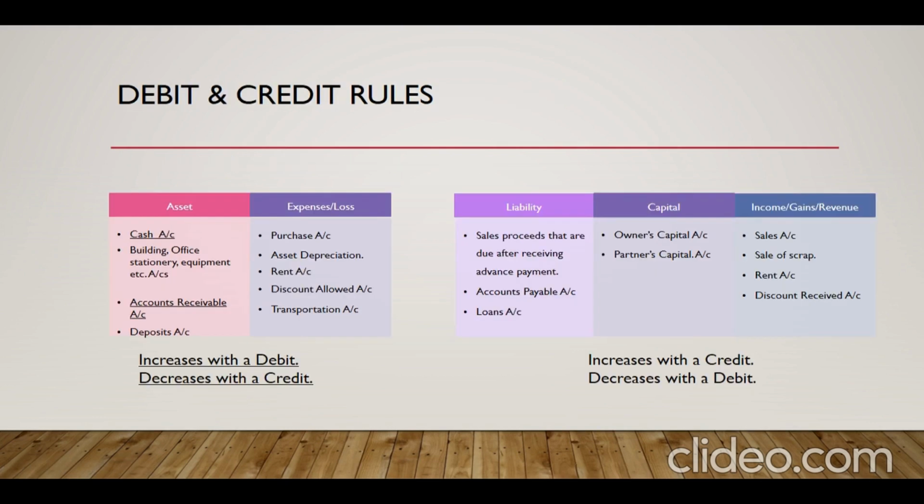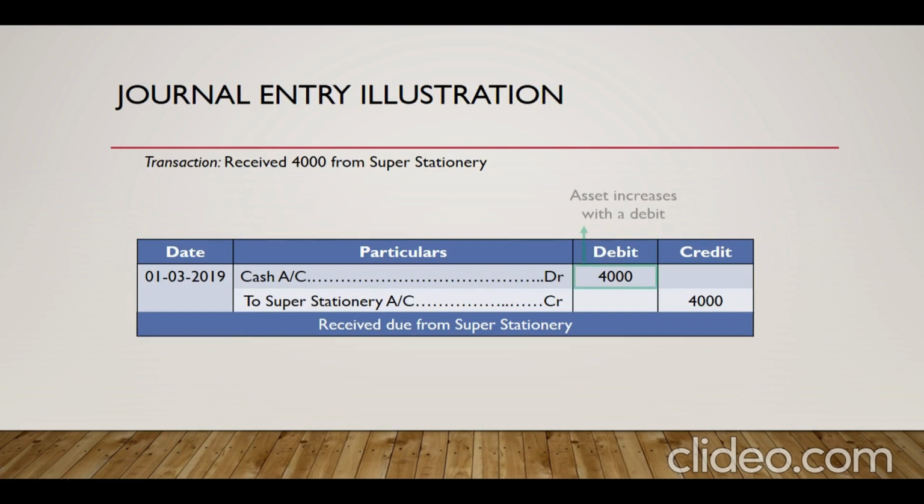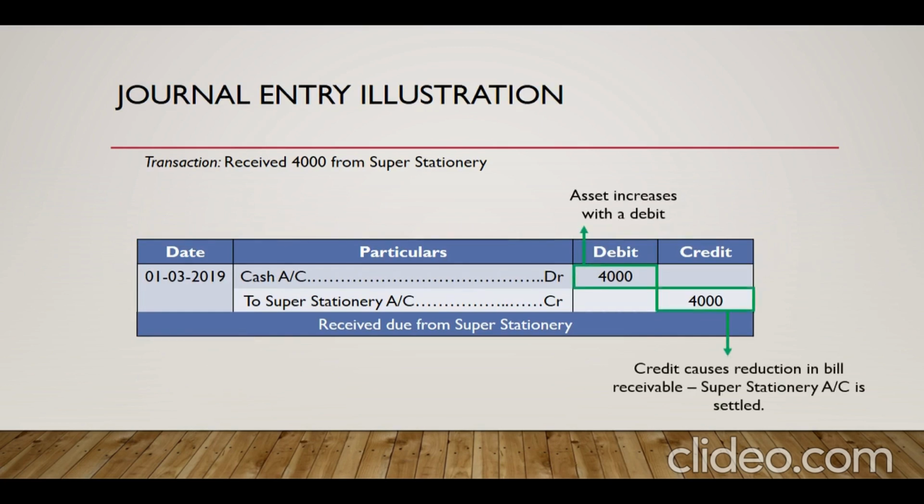To denote an increase in cash, we debit the cash account, and we reduce the accounts receivable account by means of a credit, and accordingly we pass the journal entry as follows. We debited the cash account and credited the buyer's account.